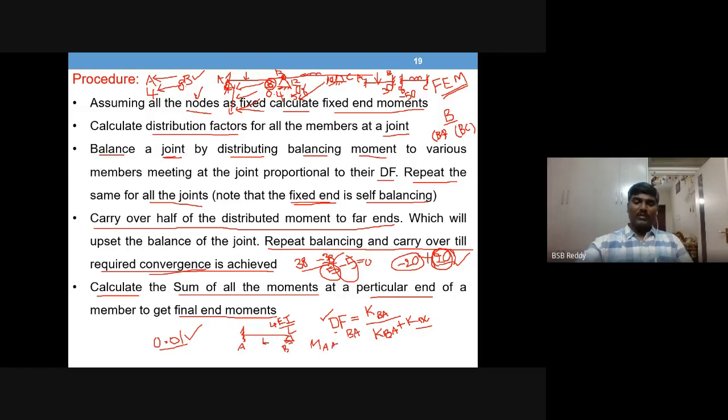Similarly, if you add all the values at B, you will get MBA. Again, to this side of the joint, if you add all the values, you will get MBC. And if you add all the values at this end of C, you will get MCB. So likewise, you get all the end moments finally. This is the procedure to follow for the moment distribution method.